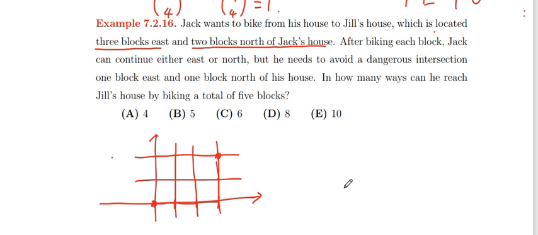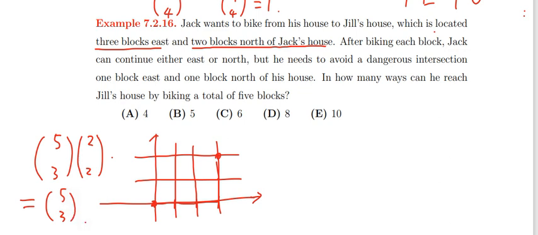So totally we need to go 5 blocks. From the 5 blocks we just choose 3 blocks for east, then the remaining 2 blocks are for north. So this is just equal to 5 choose 3, right?